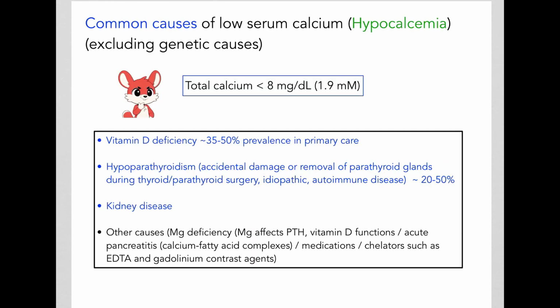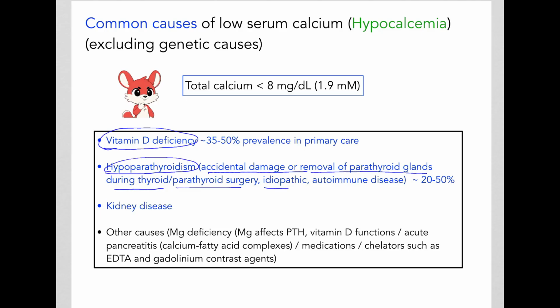The most common causes of hypocalcemia include vitamin D deficiency, hypoparathyroidism. This may happen because of accidental damage or accidental removal of the parathyroid glands during thyroid or parathyroid surgery.